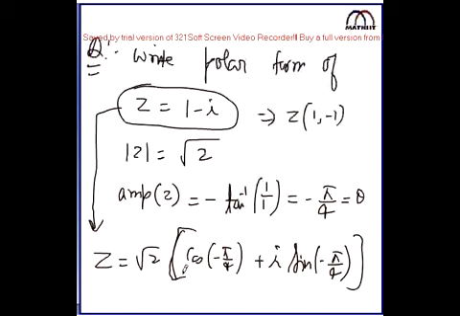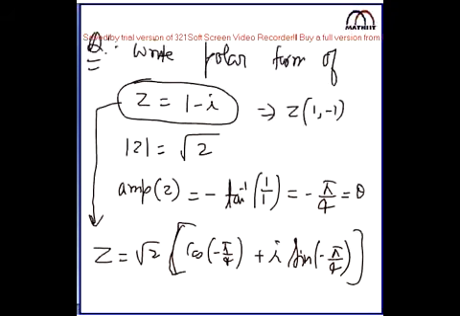I'm sure all of you are able to understand. So polar form, how to write it, I hope you understand. Suppose z equal to i. Just think, z equal to i. So mod z is 1. Amplitude of z?